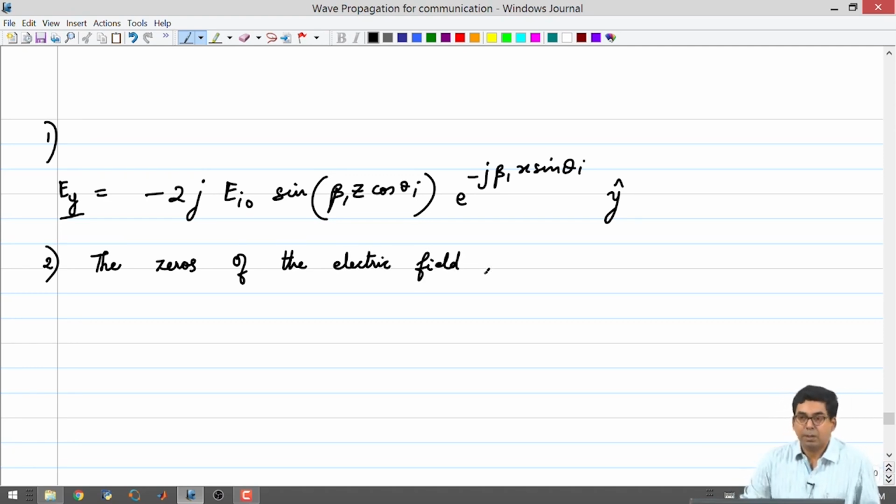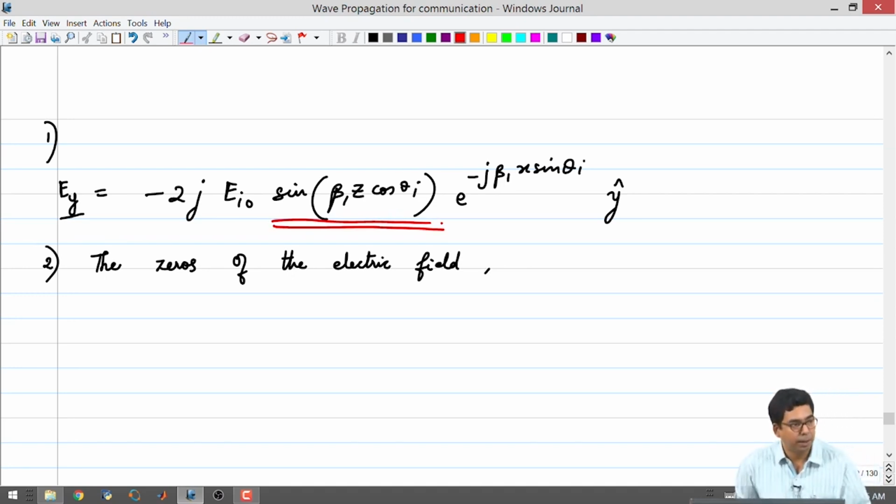The zeros of the electric field are going to be present corresponding to the term sin(beta 1 z cos theta I). As z changes, beta 1 is a constant for a given medium. If theta I, the angle of incidence, is fixed, then depending upon the distance you move away from the conductor, you will have zeros, and these are going to be periodic.